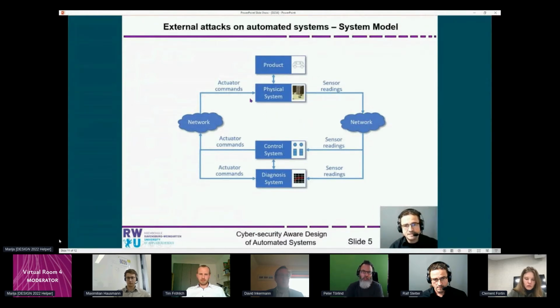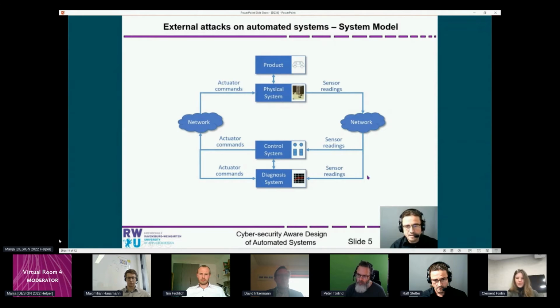Here we see this automated system, a production system which is made to produce a product. From this physical system, we get sensor readings. Usually they are transported over a network and go into a control system, which is controlling the system. And there are actuator commands, which again go over some kind of network, and these actuator commands can go to the physical system.